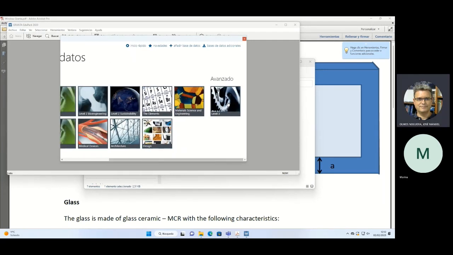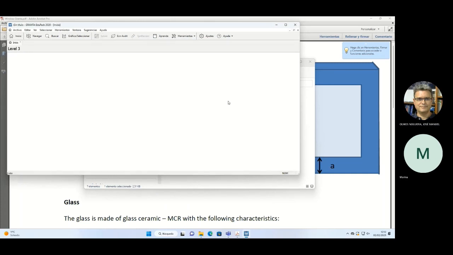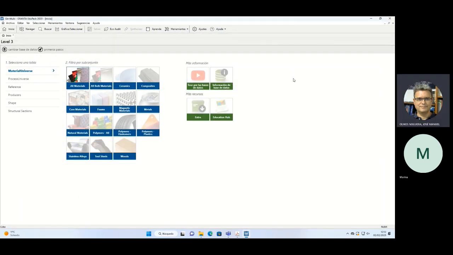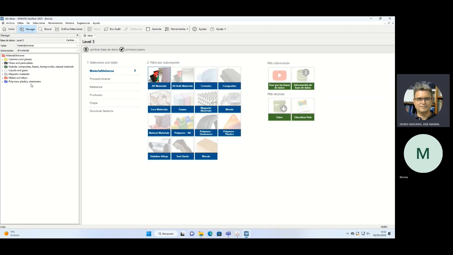So to use this software that you have already there, which is Granta, we open level 3. And this software is very nice for material choice. If we want to set materials, we have the material universe, and we have a lot of materials here.